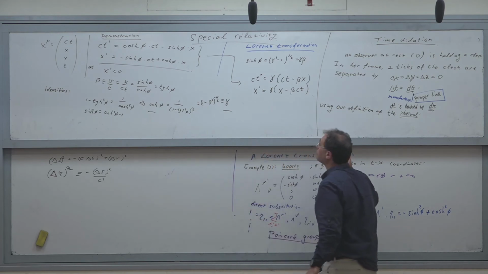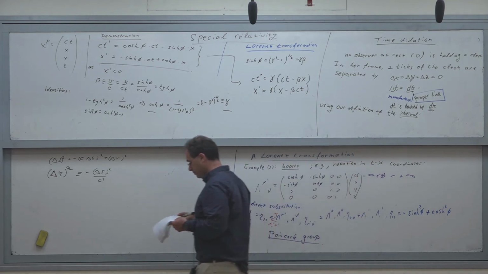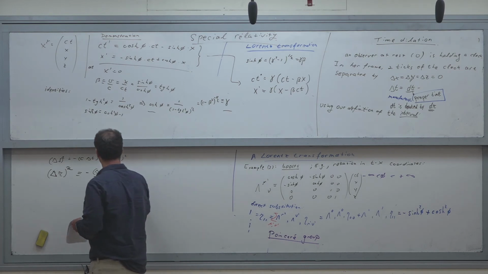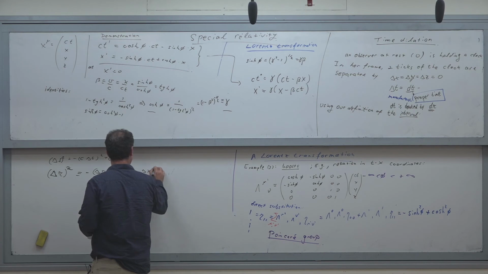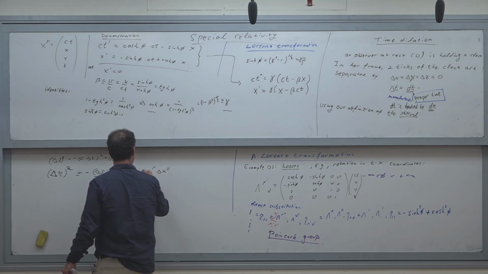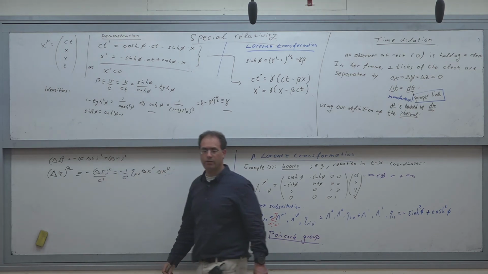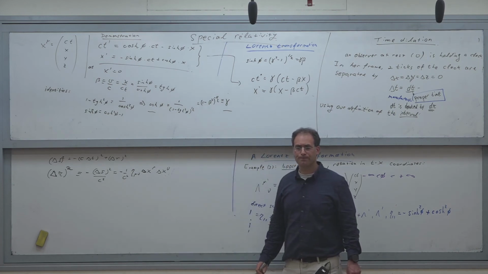But remember from what we wrote above, minus 1 over c squared eta mu nu delta x mu delta x nu. I wrote the interval in this compact form.